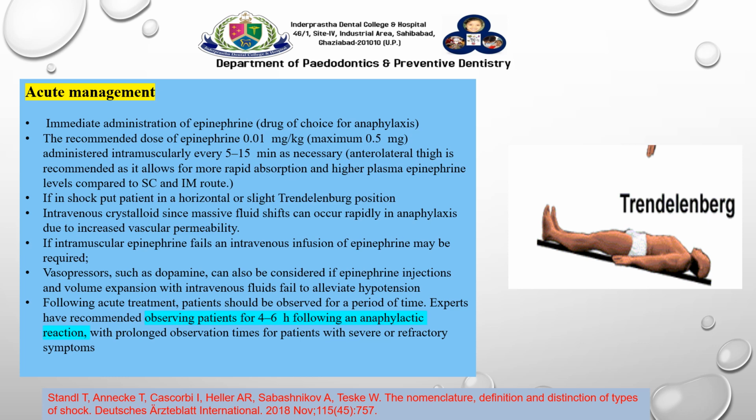If intramuscular epinephrine fails, then we need to administer intravenous epinephrine. Vasopressors like dopamine can also be considered if epinephrine is not able to elevate the hypotension.